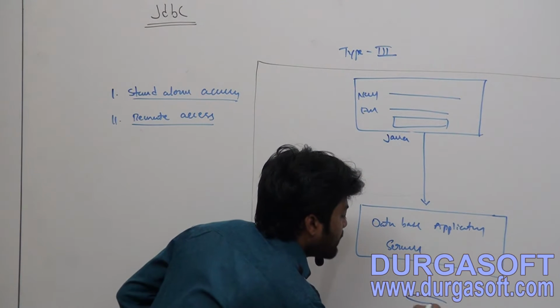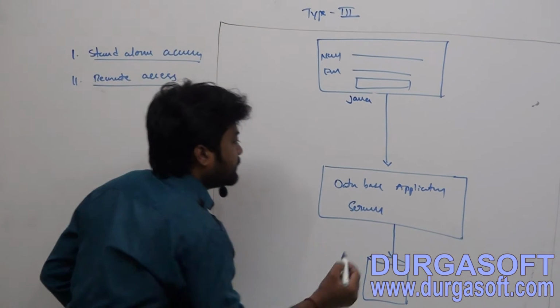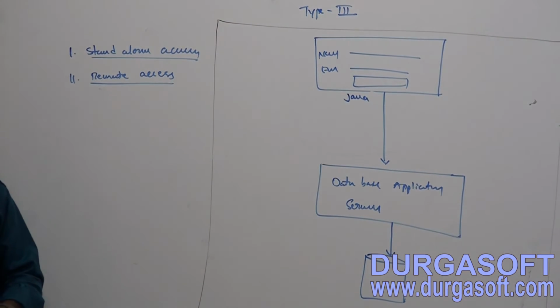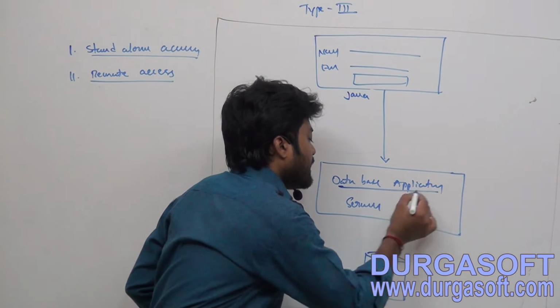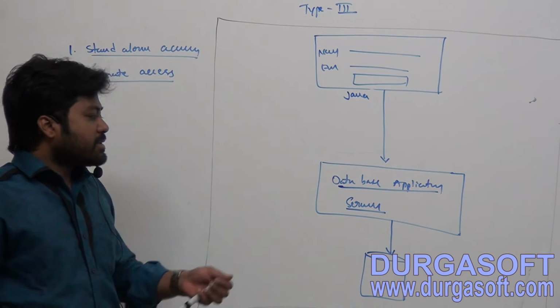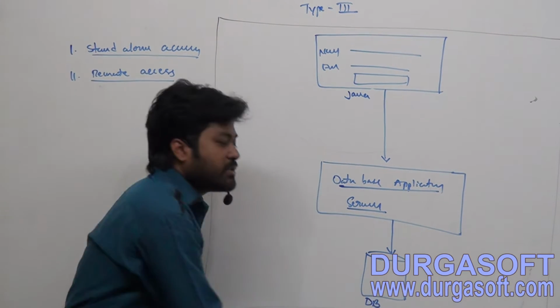Later the database application server will make calls on the database. First we call the database application server, then this database application server will make calls on the database finally.